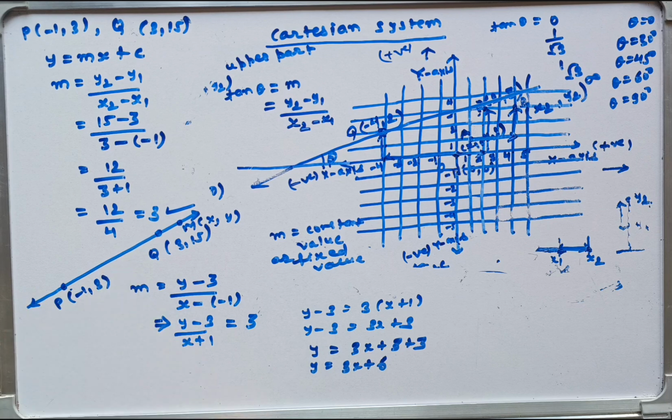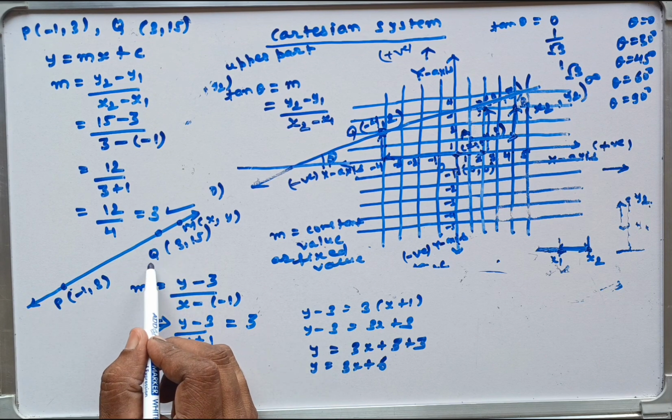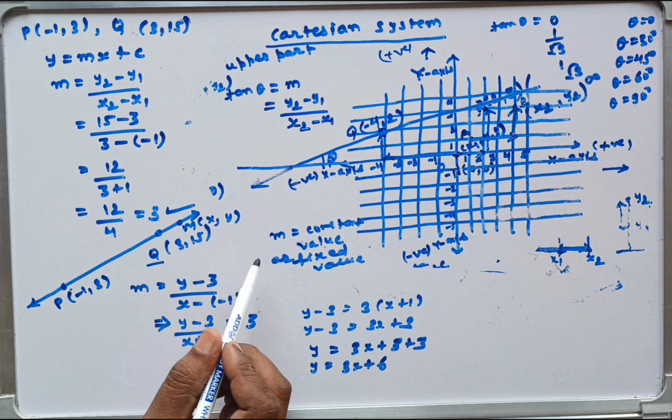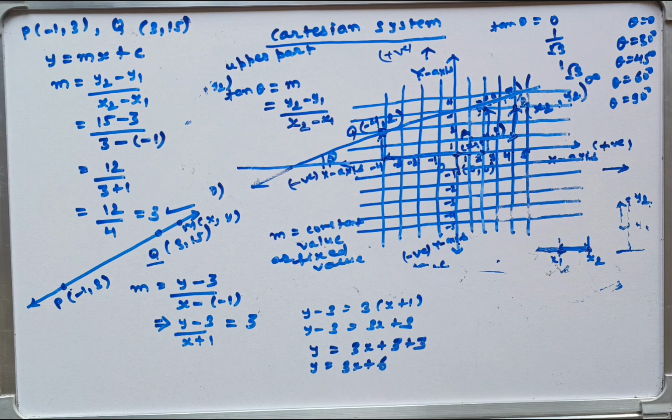You can check whether this Q point is lying on this straight line or not. The equation must be satisfied, meaning when you put this value in the equation, the left side value must be equal to the right side value.